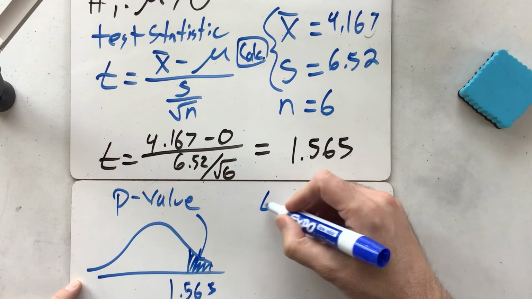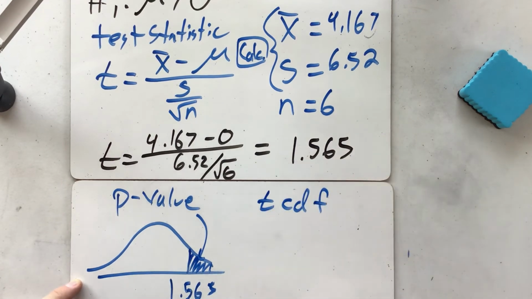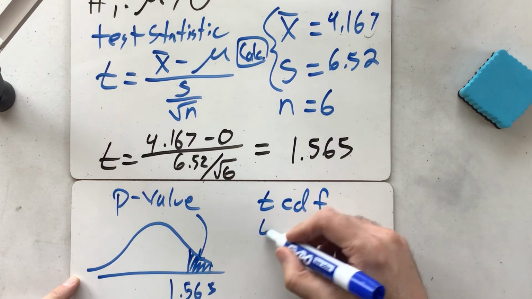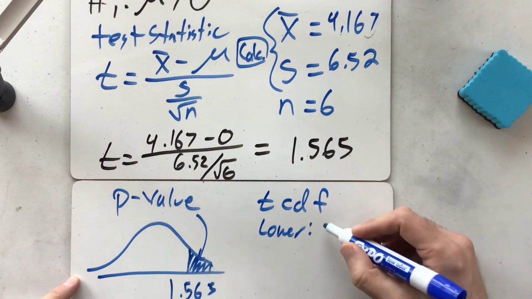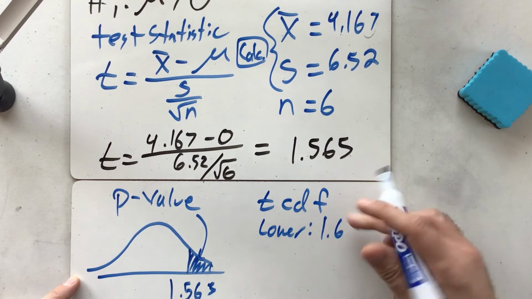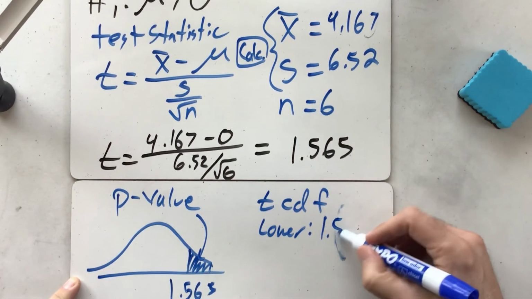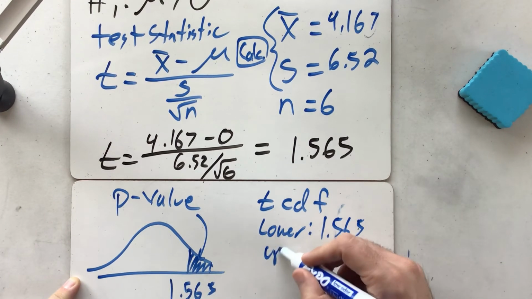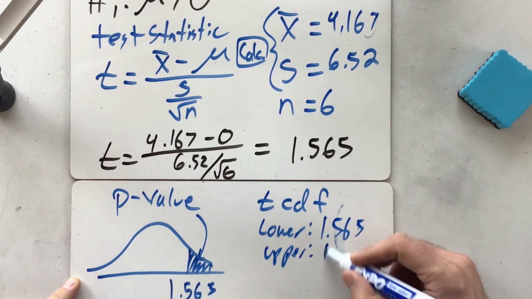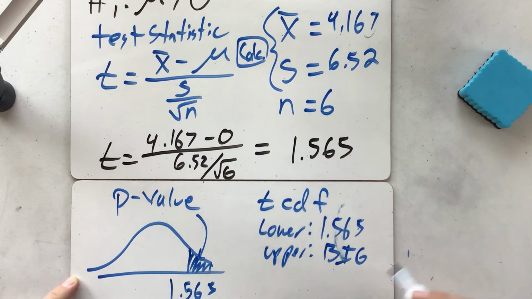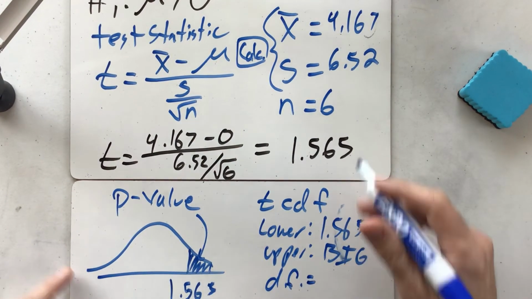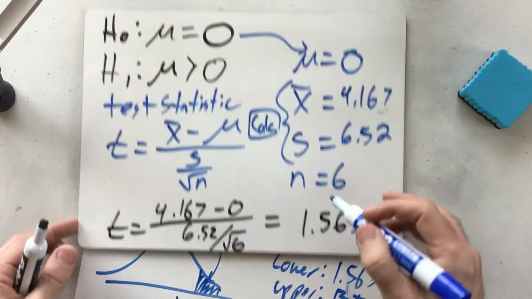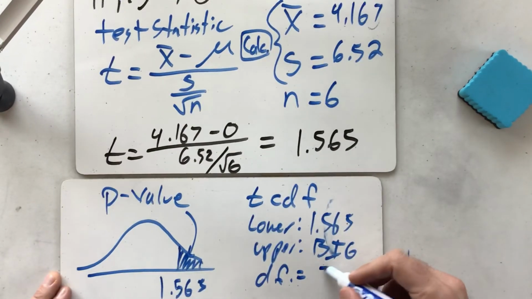So I'm going to use TCDF with this. My lower is going to be the 1.565. My upper is just going to be some really big number, whatever it is. And then my degrees of freedom is always one less than n, so my degrees of freedom is going to be 5.